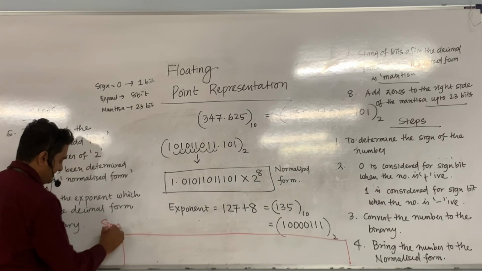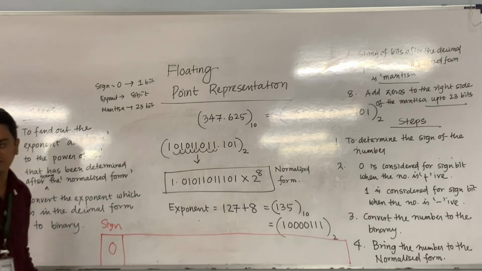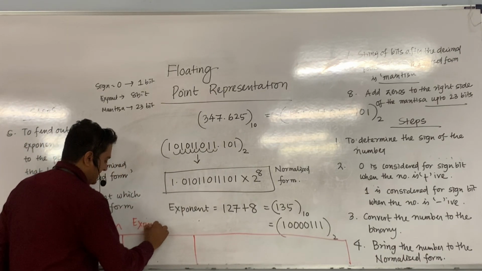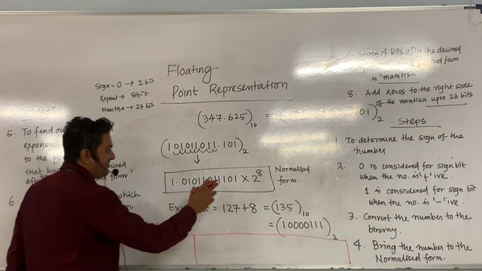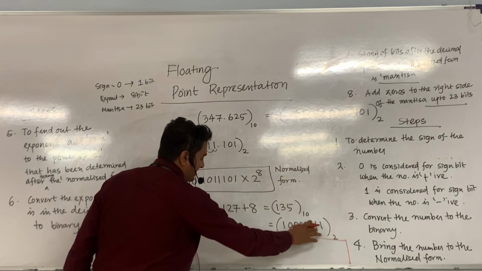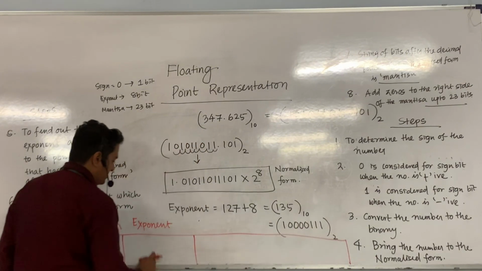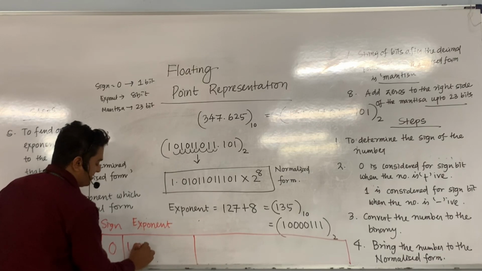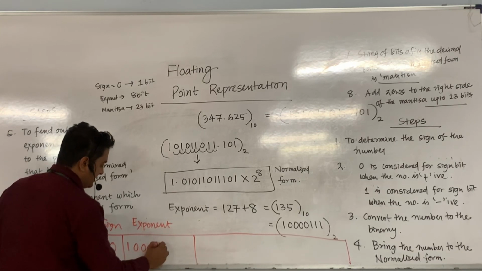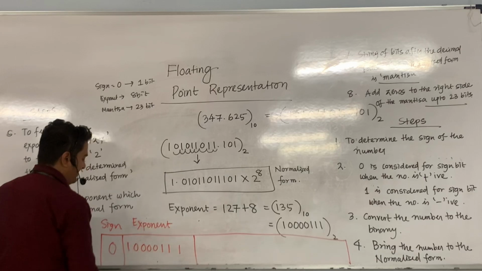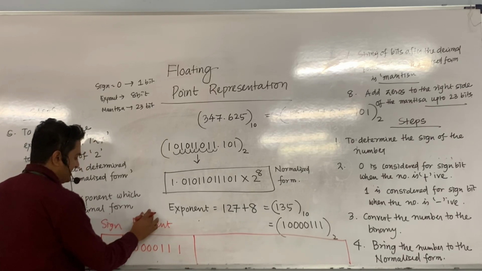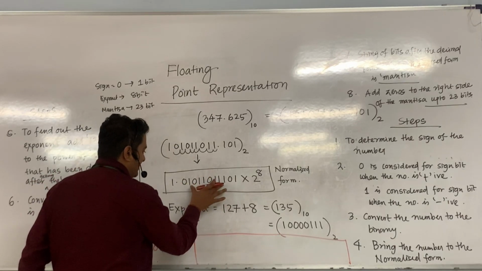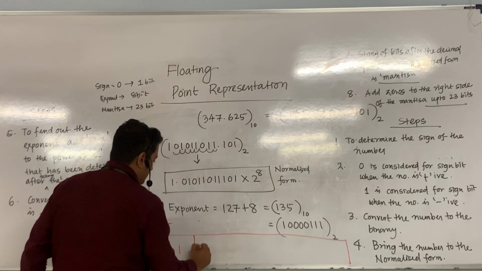Then the exponent has 8 bits, so directly I can write this binary value: 1 0 0 0 0, four zeros, then 1 1 1. So it has 8 bits. This is 1 bit, this is 8 bits. Sign bit, exponent over.